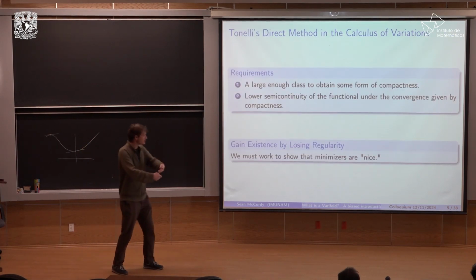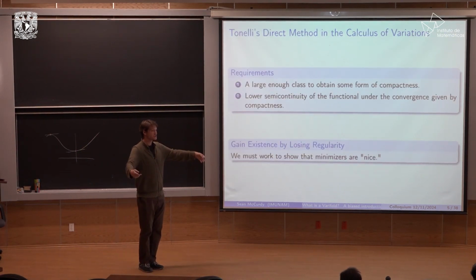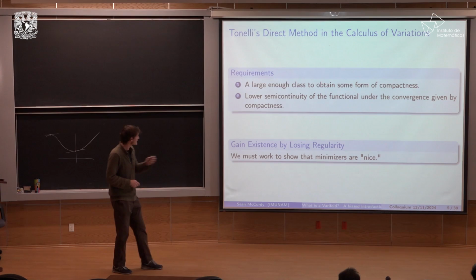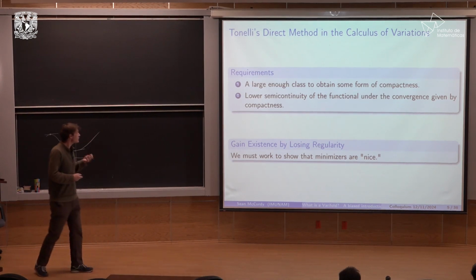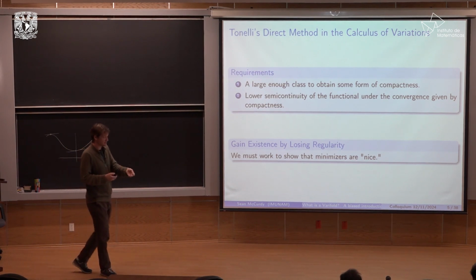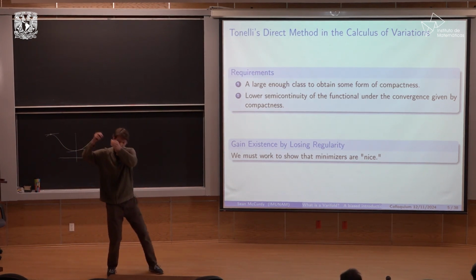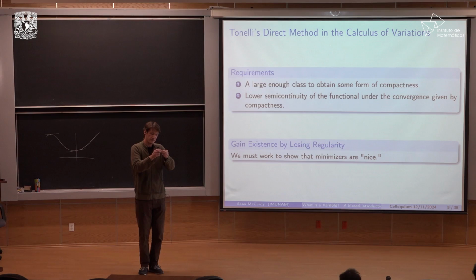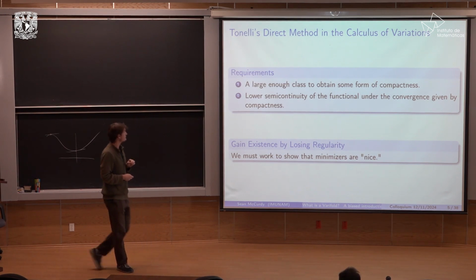And in taking this class larger, usually this involves lowering the amount of regularity required. And the second thing that we need is lower semi-continuity of the functional under the convergence given by compactness, so that when we take our minimizing sequence, the value of the functional doesn't jump up. It can only go down. And this will guarantee that we get a minimum.